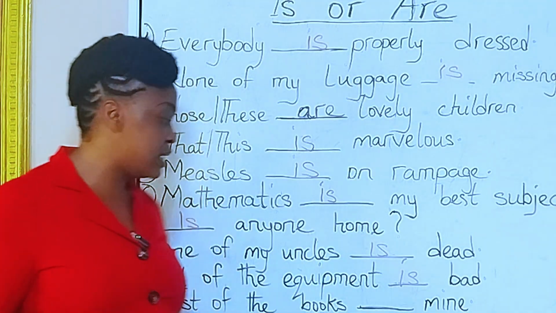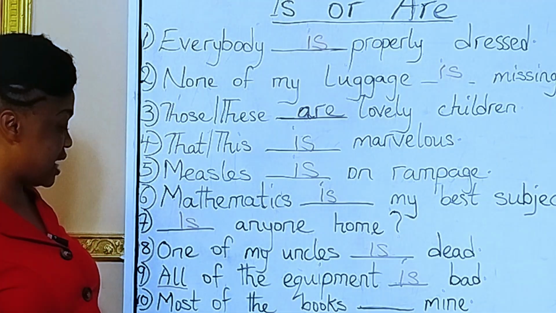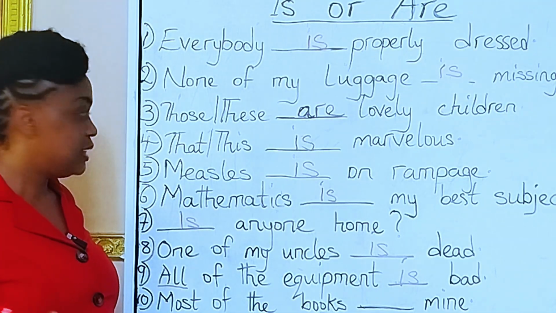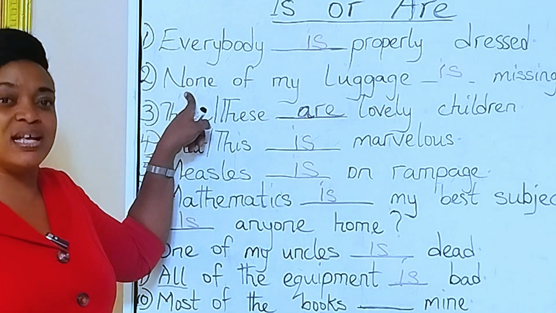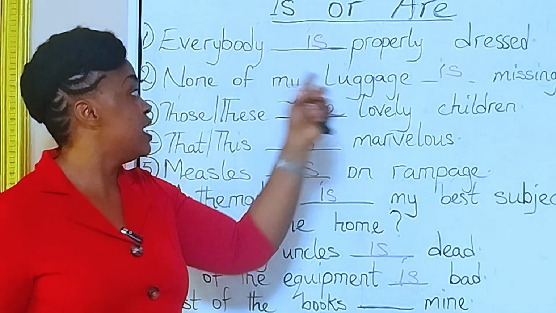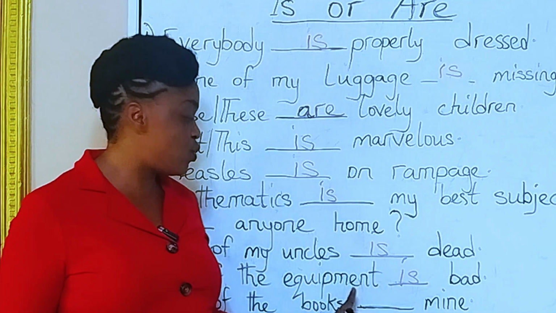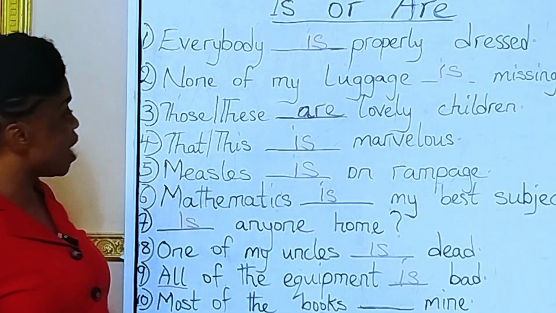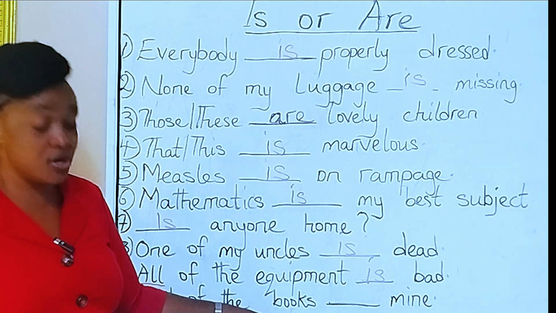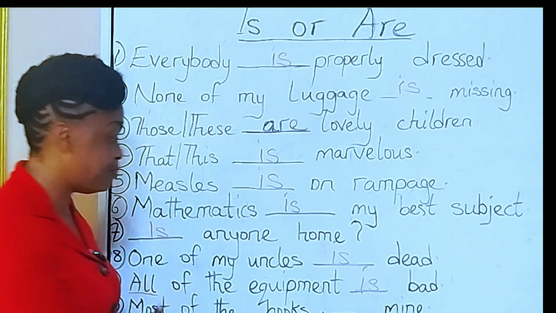Most of the books, will you say is or are? Most of the books, this is countable. And this is another kind of noun that is used as singular and plural, including this one, none. It can be used as singular and plural depending on what follows. It was is here because the luggage is uncountable. Here too is because equipment is uncountable. But when you have a countable noun like books, pens, cars, this number 10, most can be used as both singular and plural, depending on what follows.